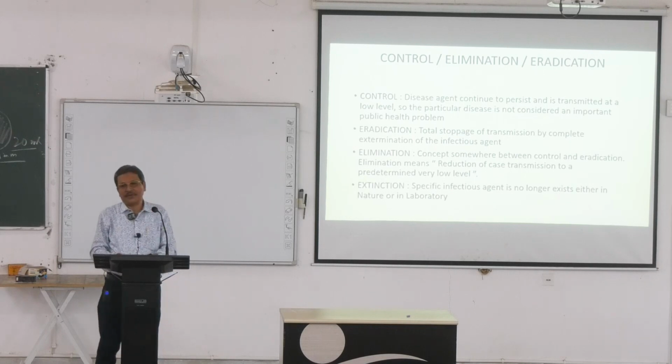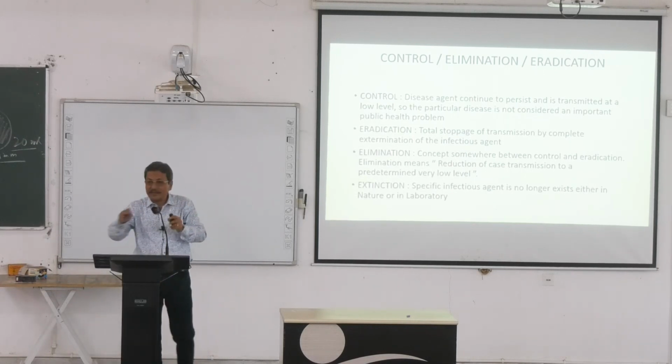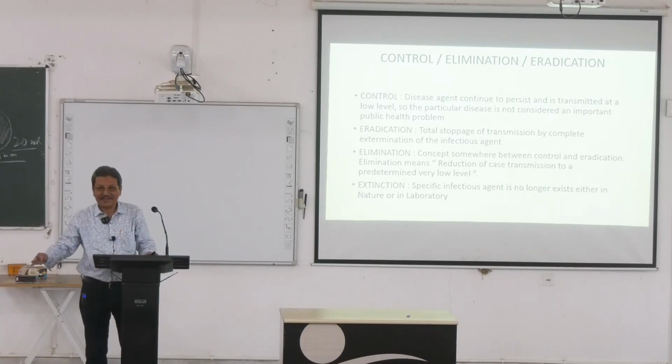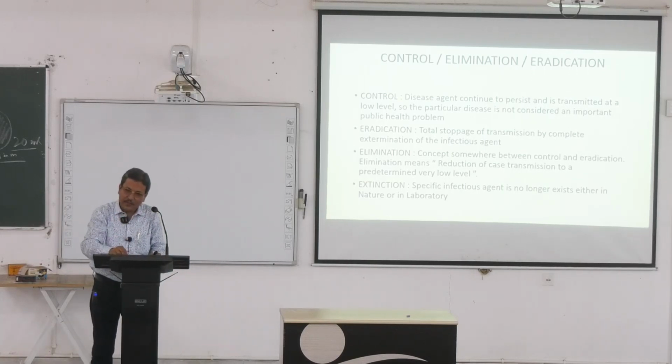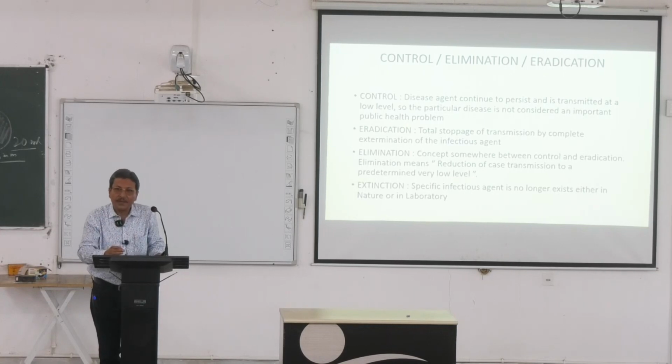With eradication, the poliovirus is not in nature, but it may be in the laboratory where people are doing research. But with extinction, scientists think there is no chance of its return. We have already controlled and eradicated polio, but still the polio control program is going on.